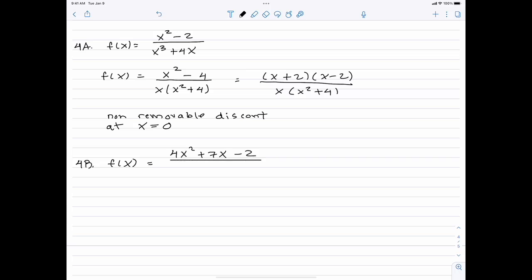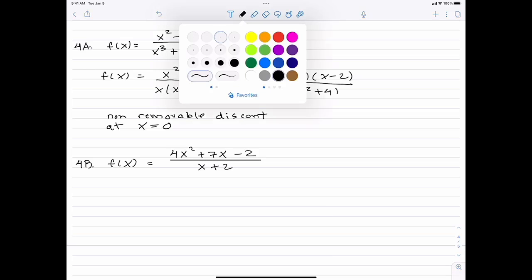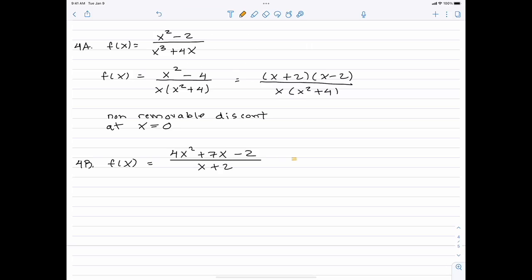Okay, so let's just check. My suspicion, I think you guys would agree, is that if there's going to be an issue, it's going to occur at -2. So let me just see what's going on at -2 real quickly. If I do direct substitution at -2, the denominator, -2 plus 2, is 0.